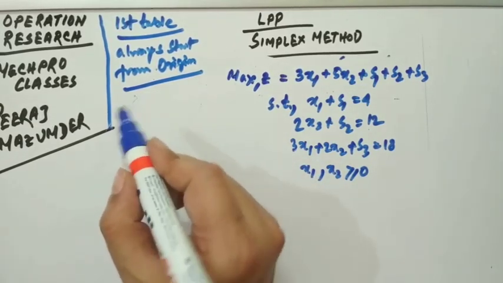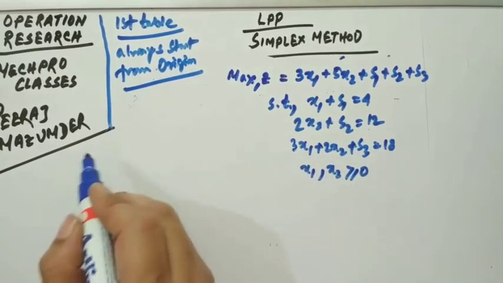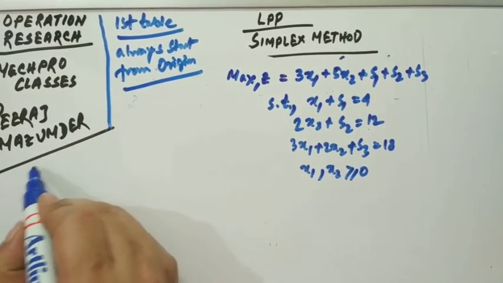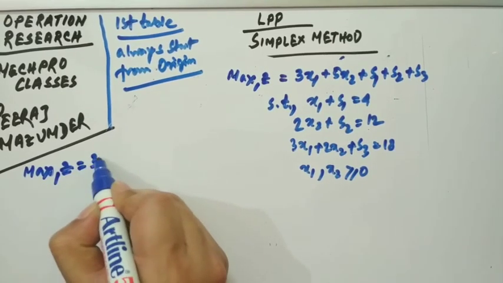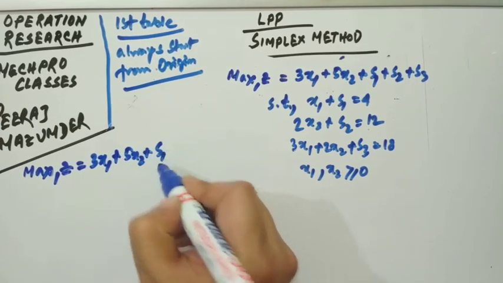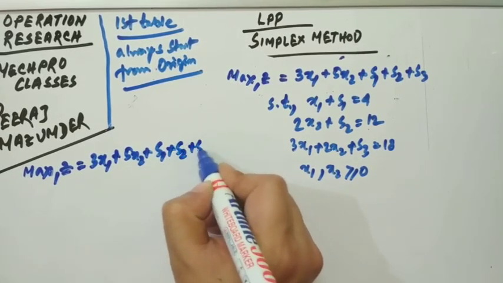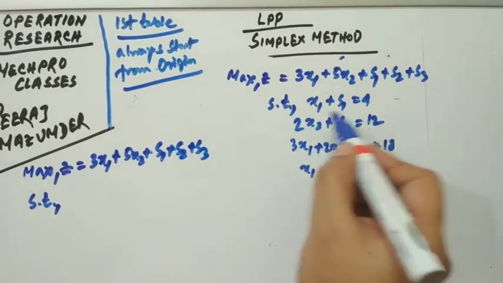Now this equation can be written in a different form also. Let me write it in this form. Maximize z equal to 3x1 plus 5x2 plus s1 plus s2 plus s3, subject to these constraints. Now look carefully.